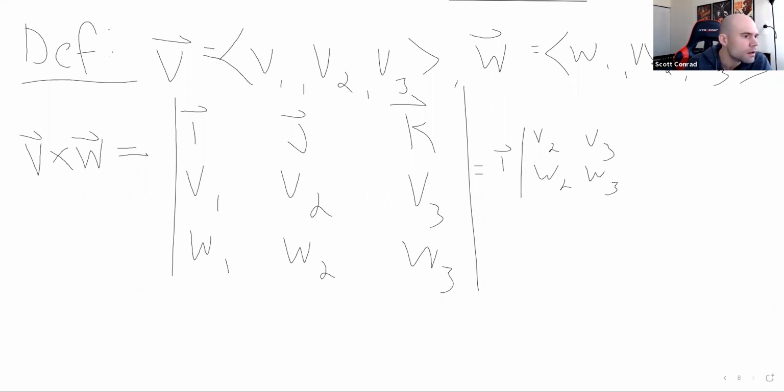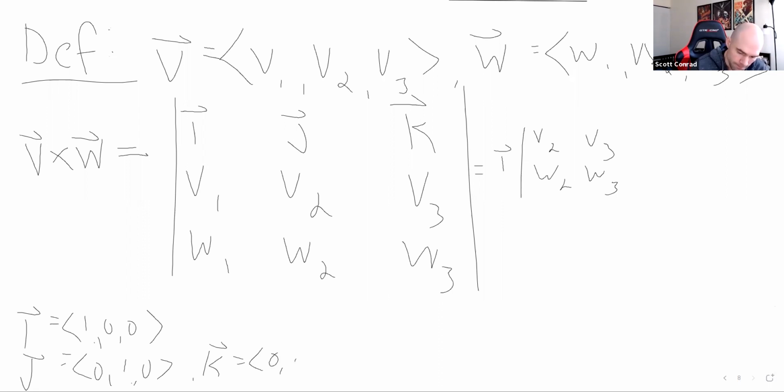I, J, and K, so you have to know this, right? I is 1, 0, 0, the unit vector with 1 in the first component, 0 everywhere else. J is 0, 1, 0, and then K is 0, 0, 1. Those are three very important vectors, which is why we give them their own name.